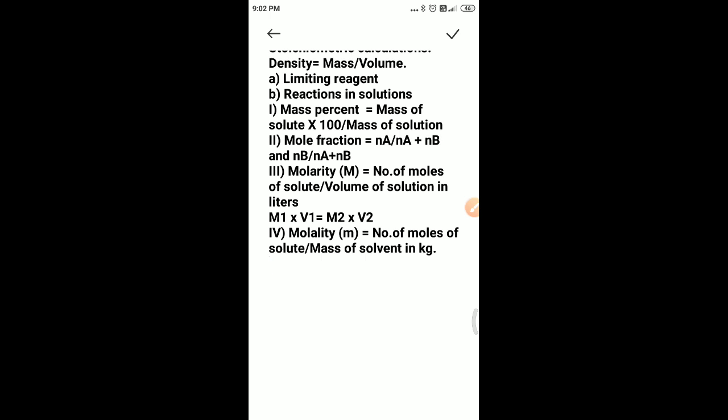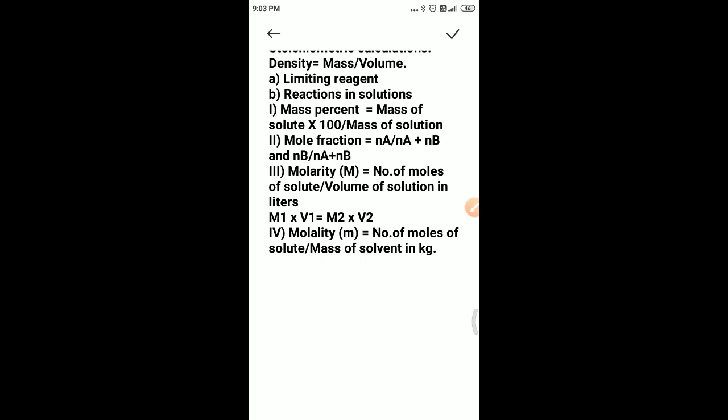Mass of NaOH is 4 gram and molar mass of NaOH is 40 gram, divided by 0.25 liter, the volume of solution in liters. So 4 gram divided by 40 gram gives 0.1 mole, divided by 0.25 liter. We get 0.4 molarity. So the answer is 0.4 molarity when we dissolve 4 gram of NaOH to make 250 ml of solution.